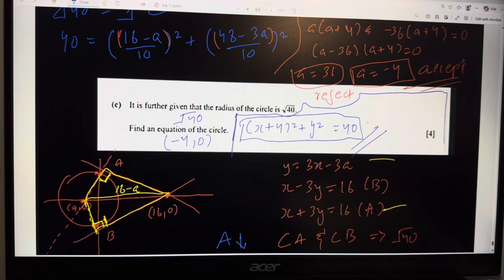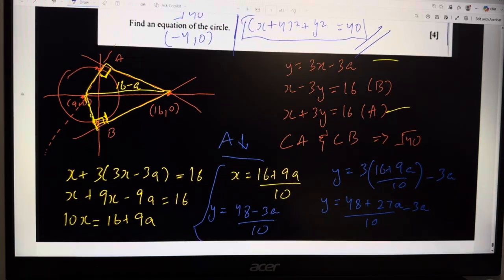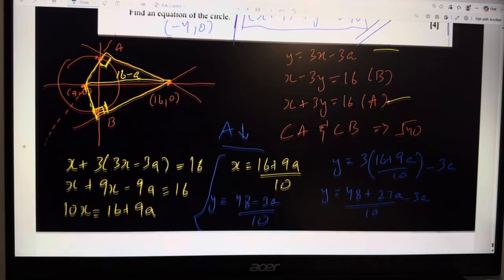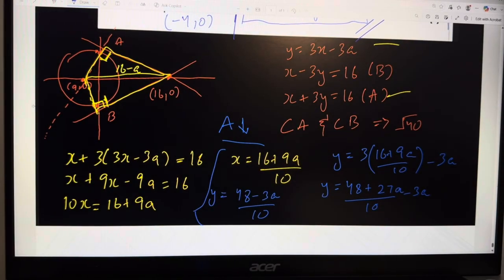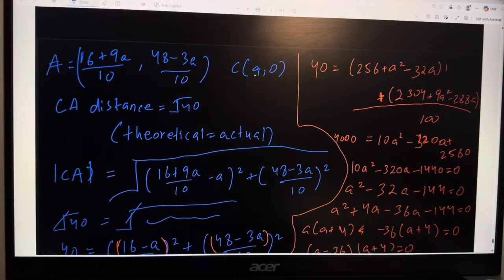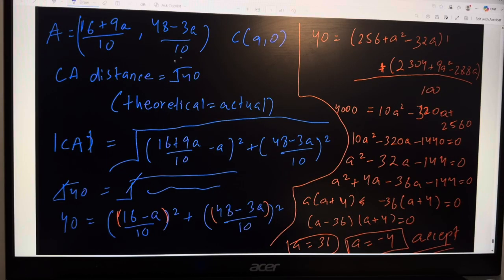Finally, this is a very tough question, it should have been for at least 7 marks, but okay, 4 marks. This is the working. You have to take the point of intersection of tangent and normal to find the coordinates of A in terms of a. When you find the coordinates of A, you have to find the distance CA, because you have been given the radius.